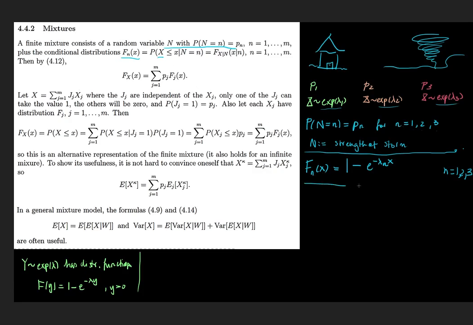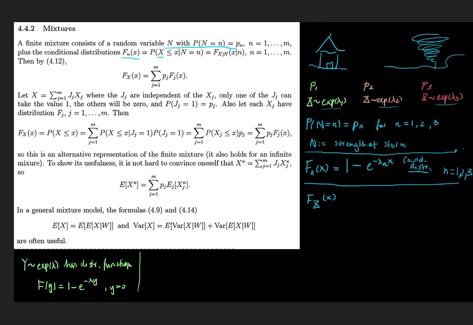Then they tell us, by 4.12, that we have the distribution function of x. So up here, this is the conditional distribution function of x, conditioned on n being equal to 1, 2, or 3.